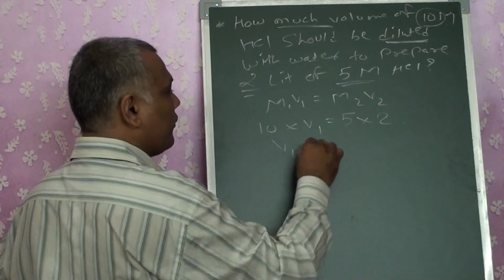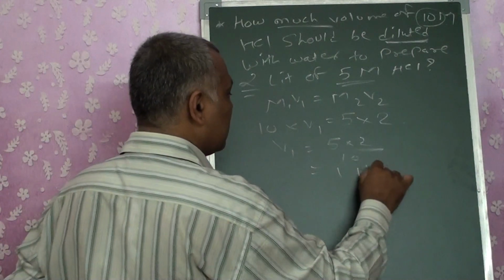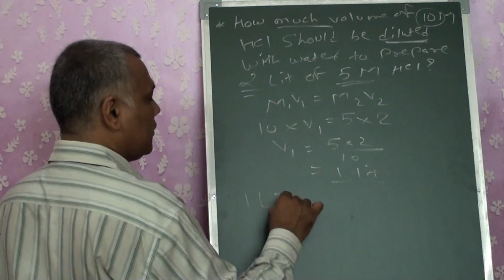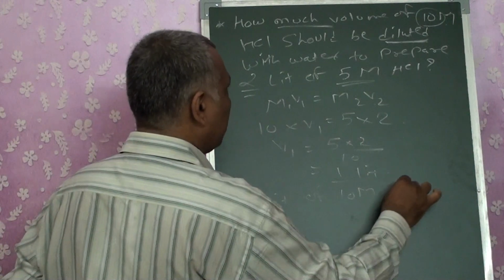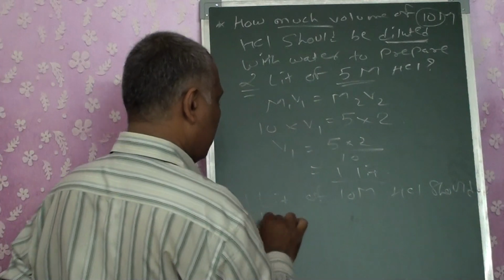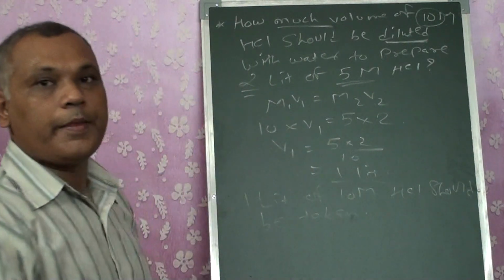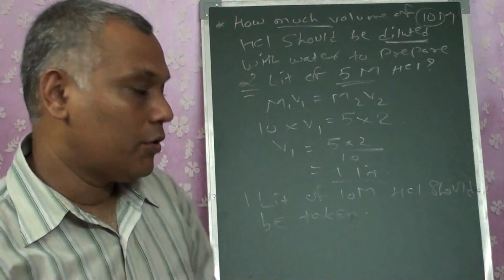So what will be V1? 5 into 2 by 10, 1 liter. So what does it show? 1 liter of 10 molar HCl should be taken. Right? So this sum is particularly explaining dilution.